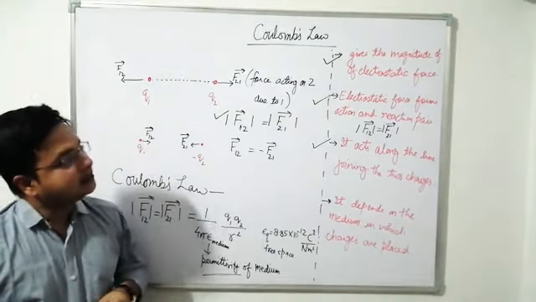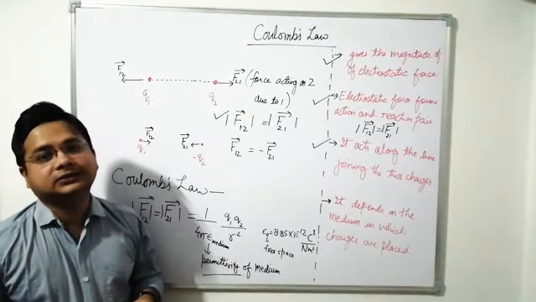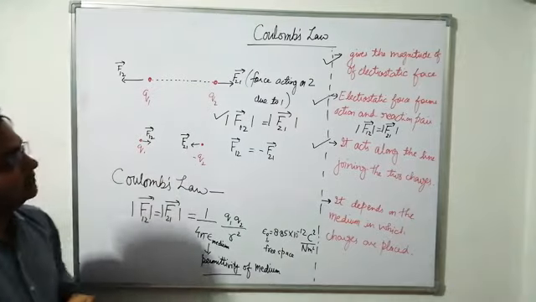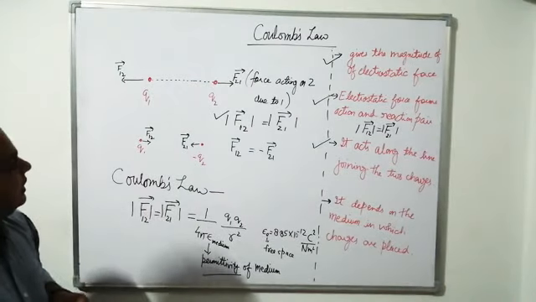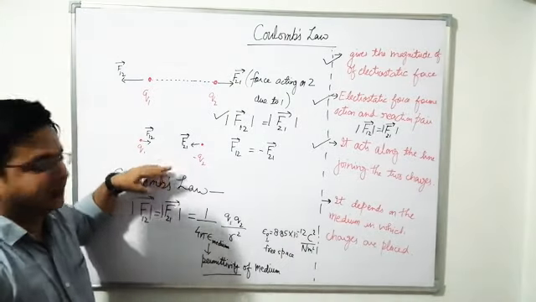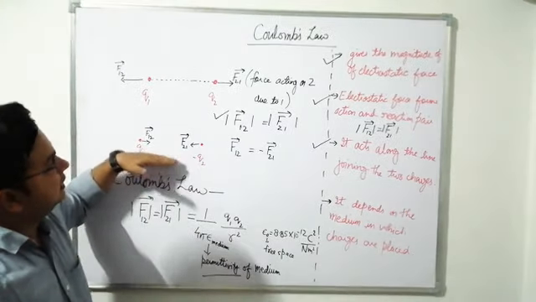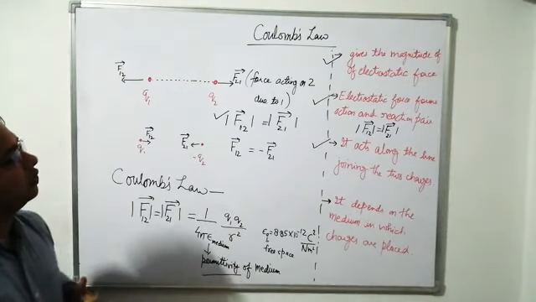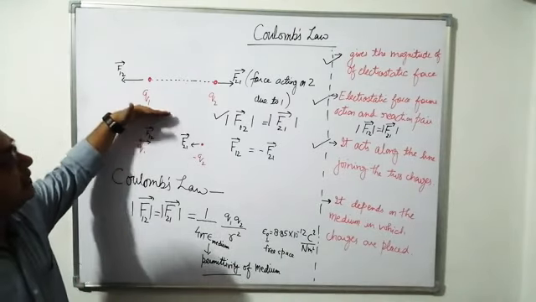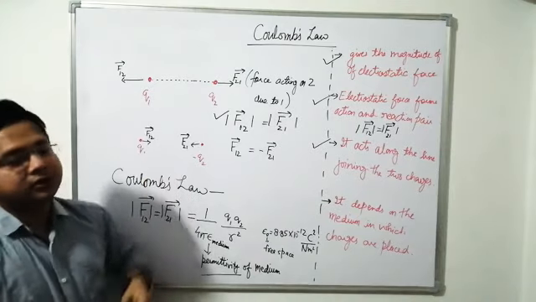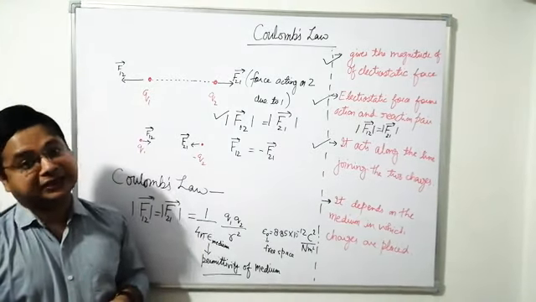Gravitational force is always attractive in nature, whereas electrostatic force is attractive when the charges are of opposite type, and it can be repulsive when the charges are of same type or same nature, in fact having same polarity, plus or minus.